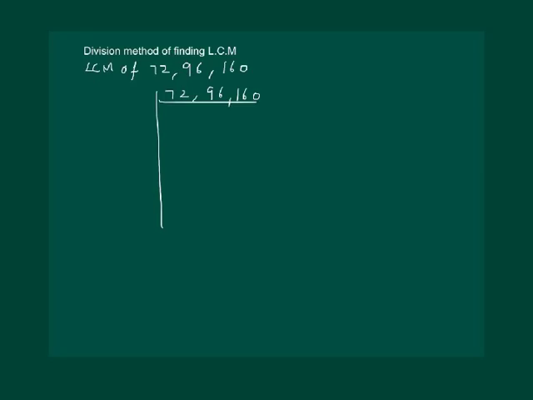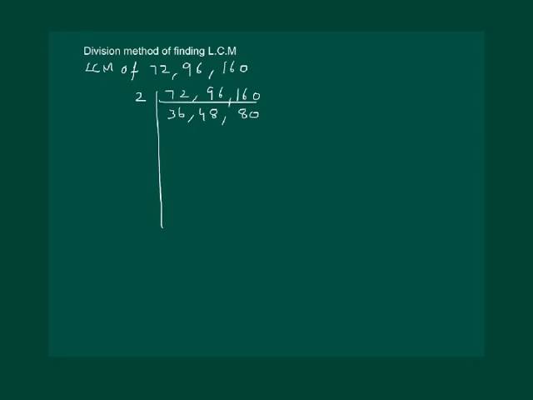Here, for instance, prime number 2 can divide all three of them. So, we get 36, 48 and 80. Write the quotient in each case below, which we have done. If a number cannot be divided exactly, write the number as it is in the next row. That means if any of these numbers could not be divided, we would have copied it like that only.